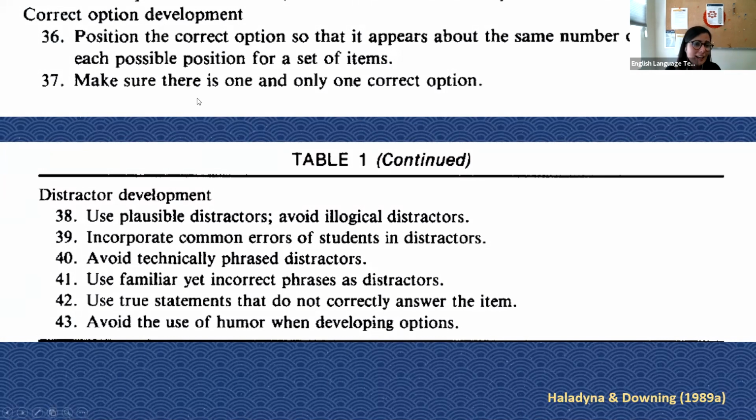I would say do not use grammatically incorrect distractors, but then if you're following this, then you're going to be using grammatically incorrect distractors, right? For example, unless it is the grammar test. Yes, so that's what I meant by make sure that you're thinking about this in the context of what you're assessing, right?